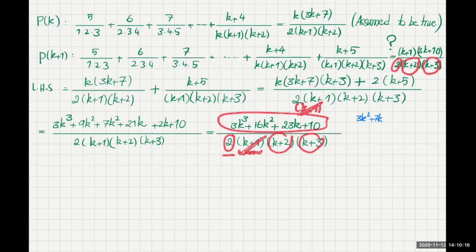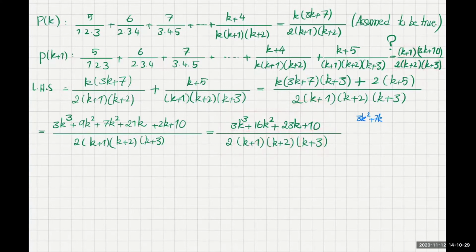For the denominator, that's quite okay, but there is no factor of k plus 1 left anymore, but I need another factor of k plus 1 here. So if I have done everything correctly, there should be 2 factors of k plus 1 here. So it means that it should be k plus 1 to power 2, and then multiplied by 3k plus 10, yes? So this is my rough guess.